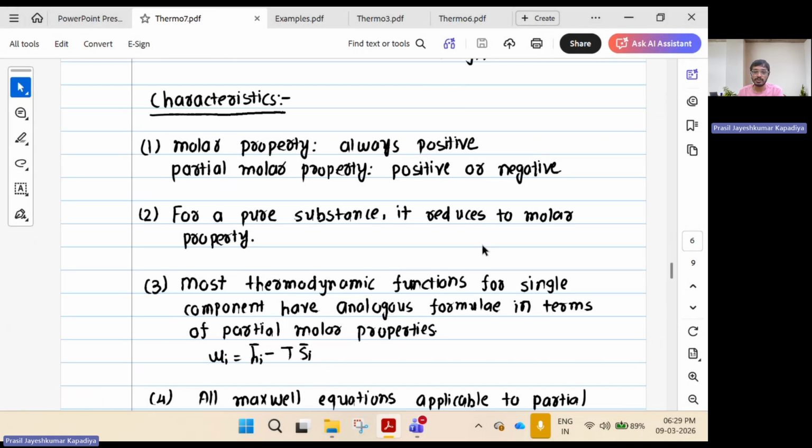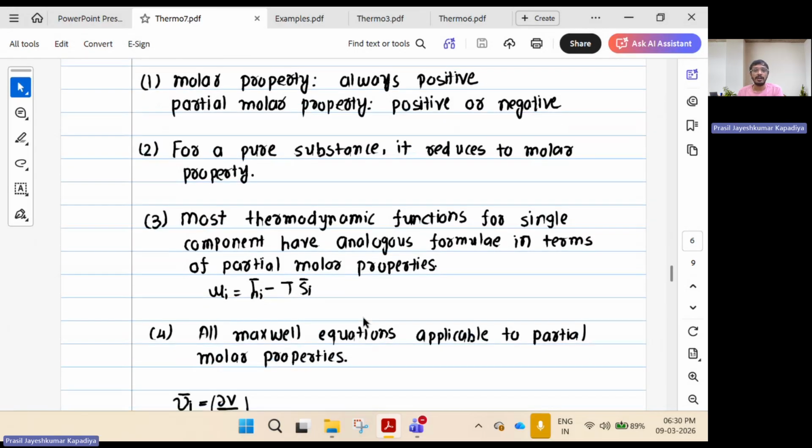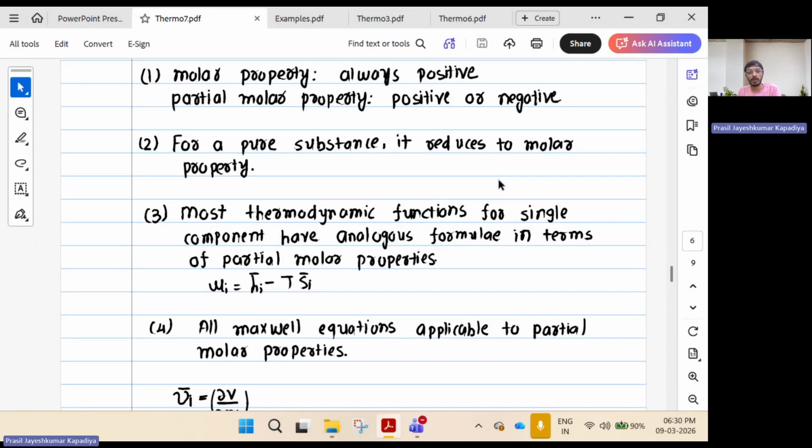A was U minus Ts, so I can also write A bar is equal to U bar minus T into S bar. So all those thermodynamic equations, thermodynamic functions that we have developed for simple components, those formulas are analogous for partial molar properties.